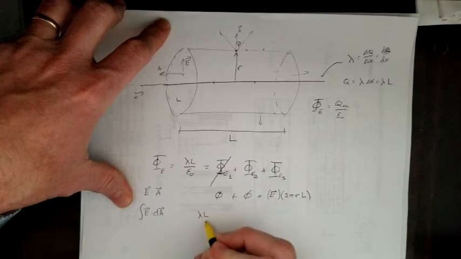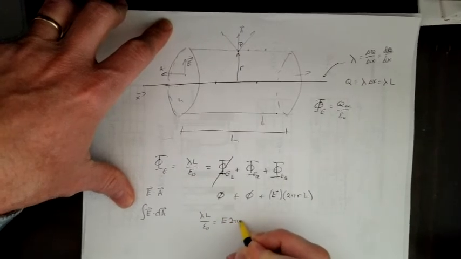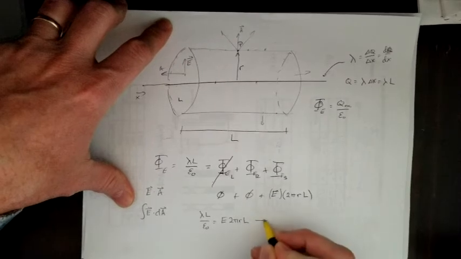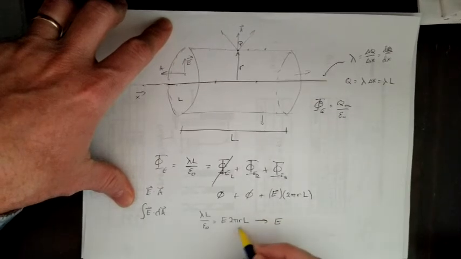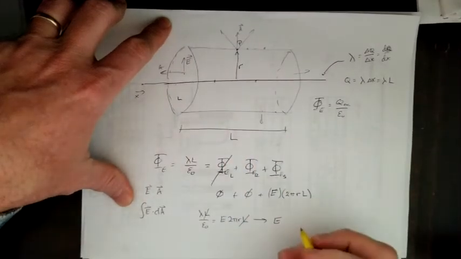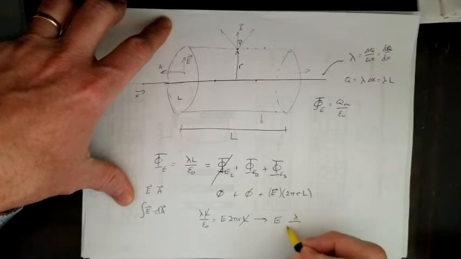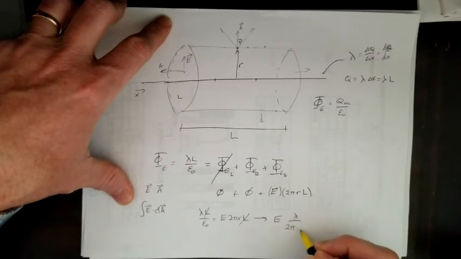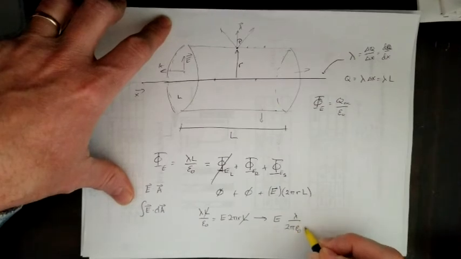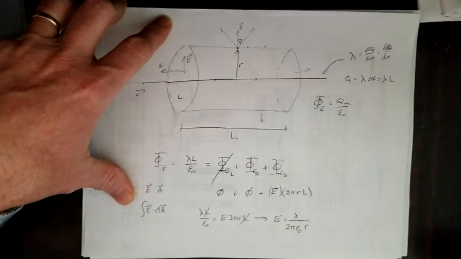So I have lambda L over epsilon sub naught is equal to E 2 pi r L. So my electric field, L's cancel out, that's convenient since we sort of made up that length right there, is going to be lambda over 2 pi epsilon sub naught r. That's the strength of my electric field.